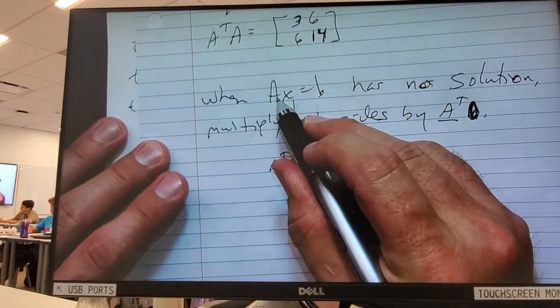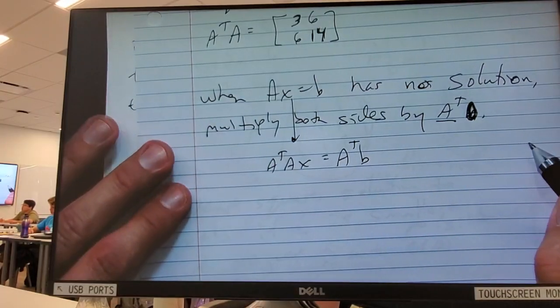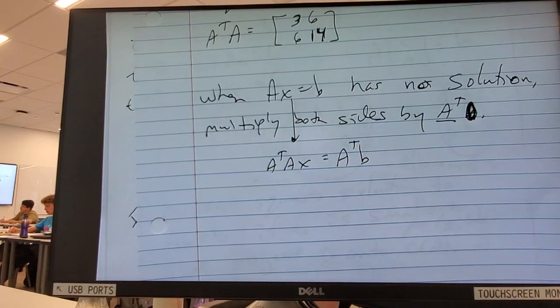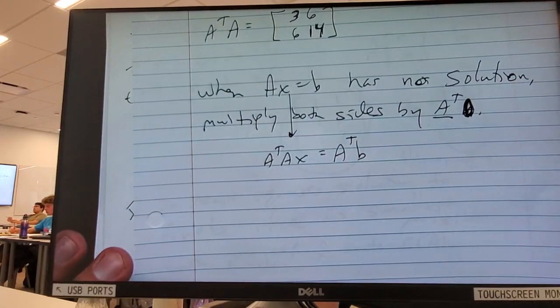If I do that, I get A transpose AX equals A transpose B. Now, I do not blame you at all if you have forgotten that that was one step in the long process we went through to develop the method of projecting vectors. Then we subtracted and figured out what the inverse was and went from there.